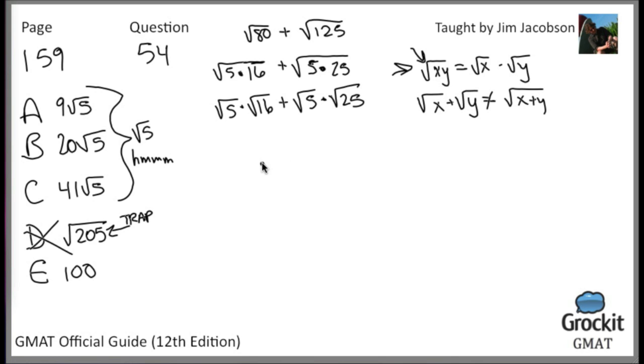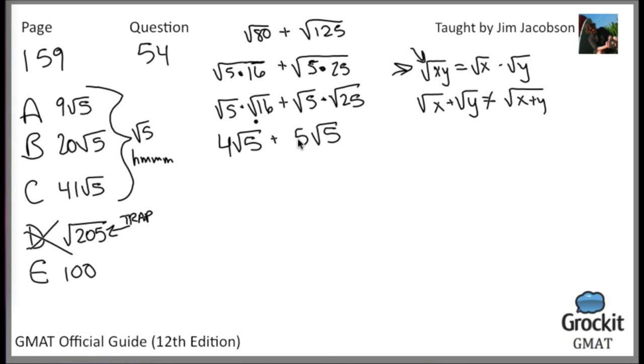And here we actually can do some of the math because we know what the square root of 16 is and we know what the square root of 25 is. So here we have 4 times the square root of 5 plus 5 times the square root of 5. We leave the square roots of 5 where they are. We can't do anything with those.